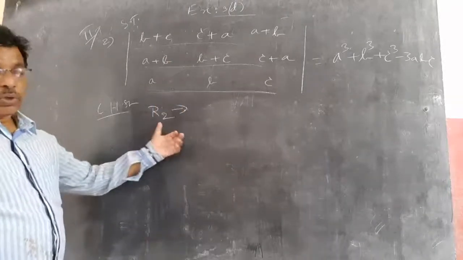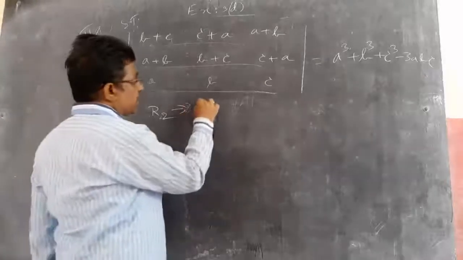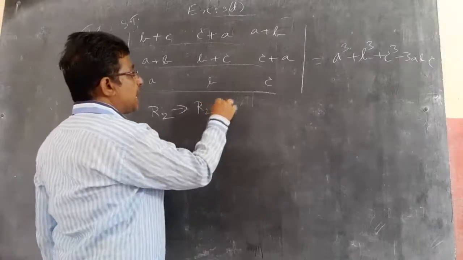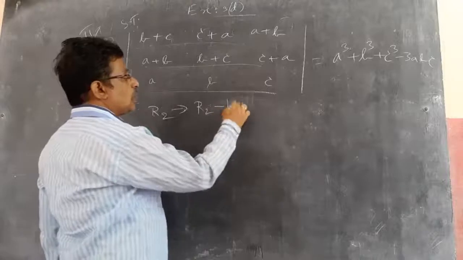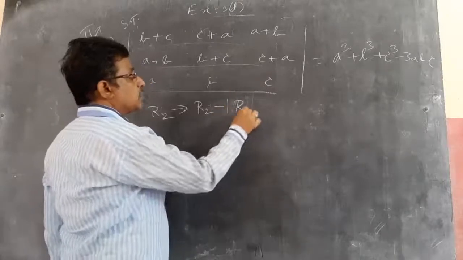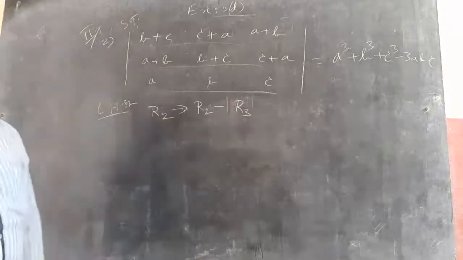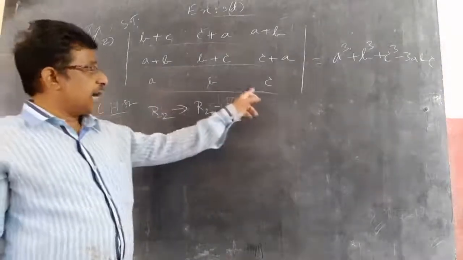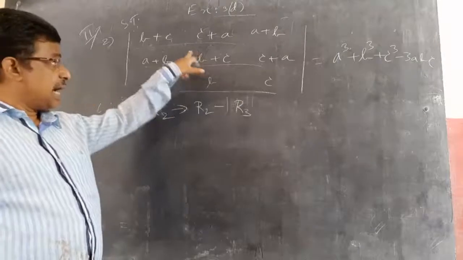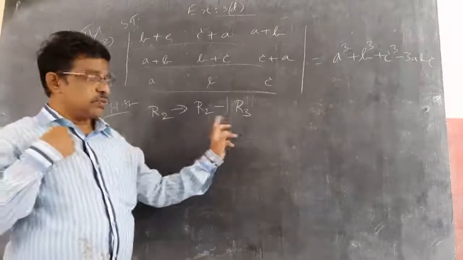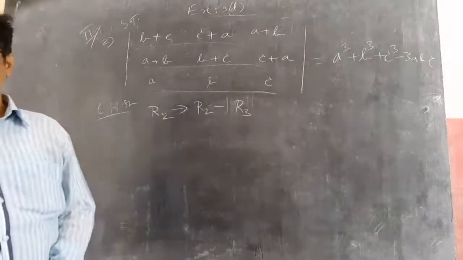This is R2. What change am I doing? R2 is going to be added with minus 1 into R3, so R1 minus R3. I am multiplying R3 with minus 1, then adding it to R2. So R2 becomes R2 minus R3.